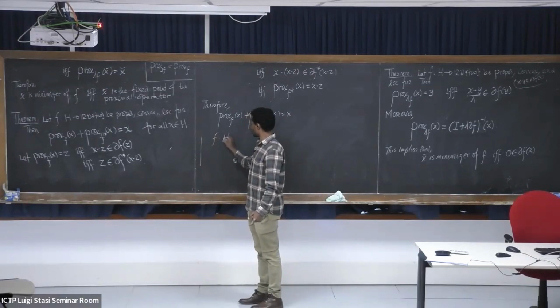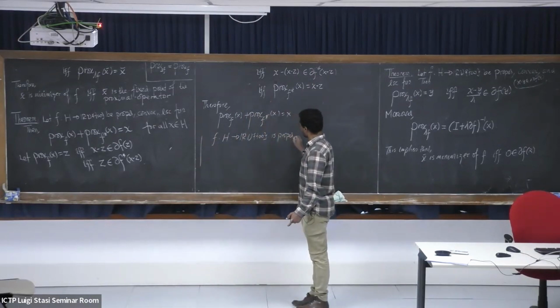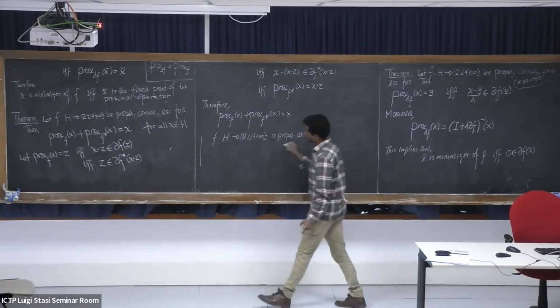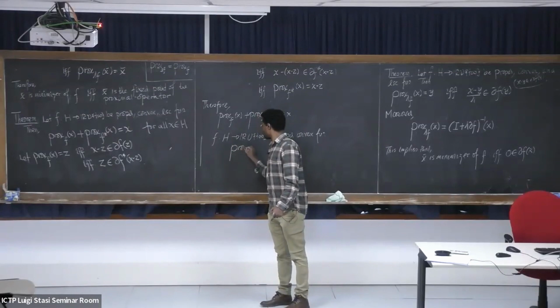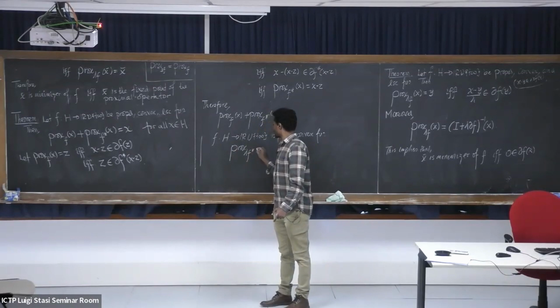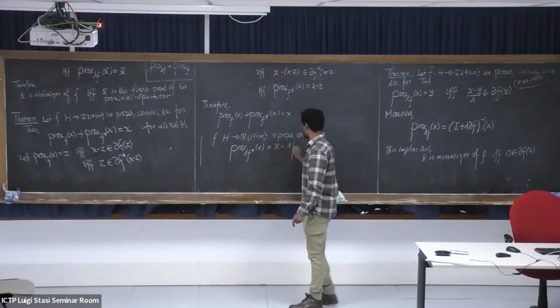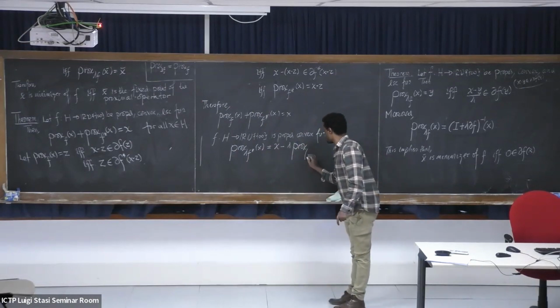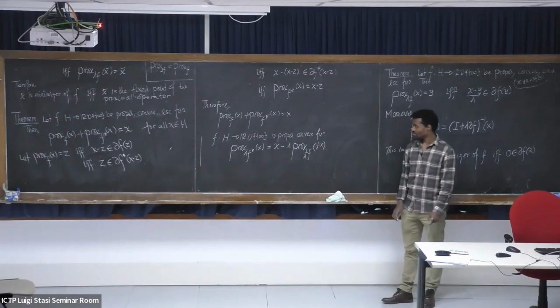If we have this, this is a relation between the proximal operator of a function and the proximal operator of the Fenchel conjugate.